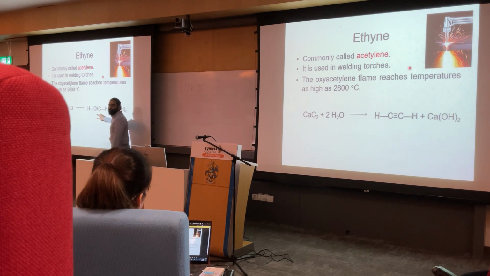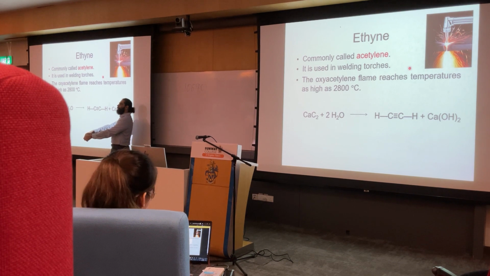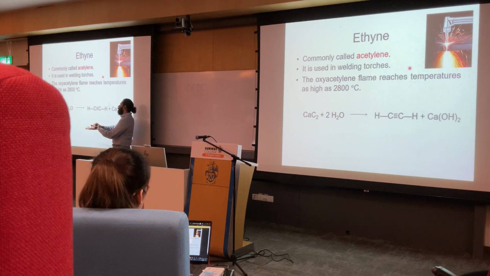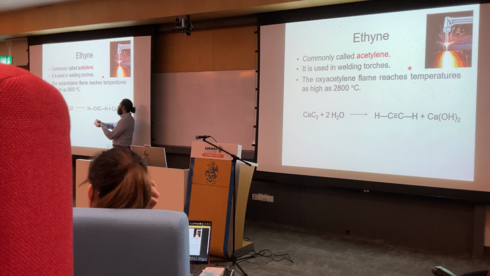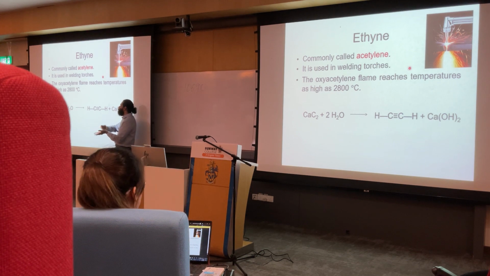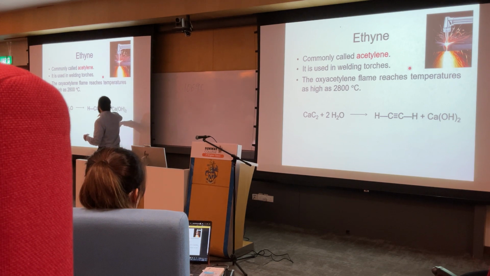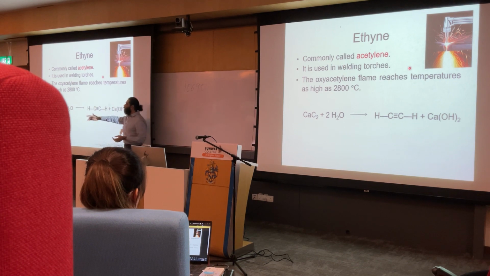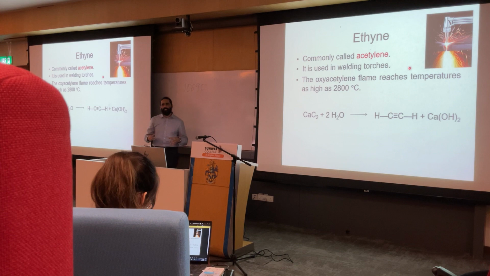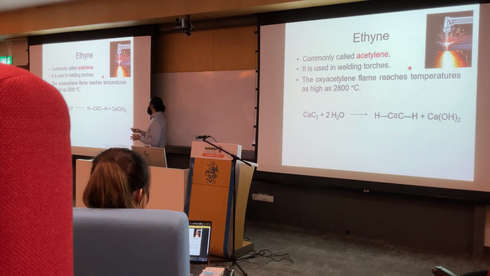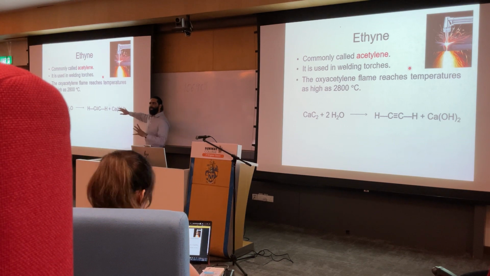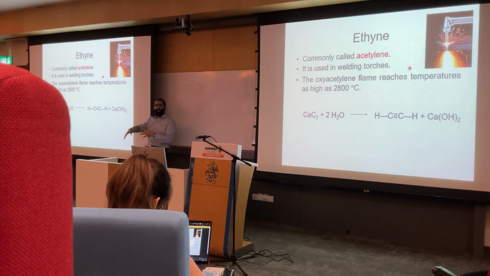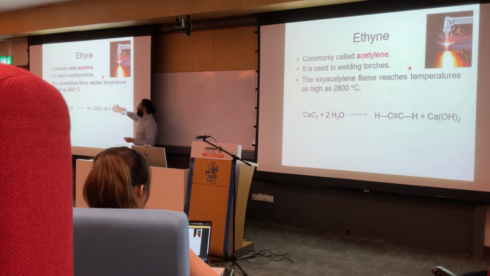It will form acetylene gas, which they would burn, and then the metal will melt, and they will combine them to weld them together. That's what they used to do. Not anymore, because the reaction could go out of control all the time. Carbides are also controlled materials these days because they can be used in explosives and fireworks and so many different things. So this application is kind of obsolete.